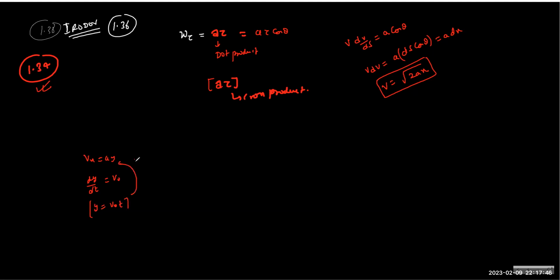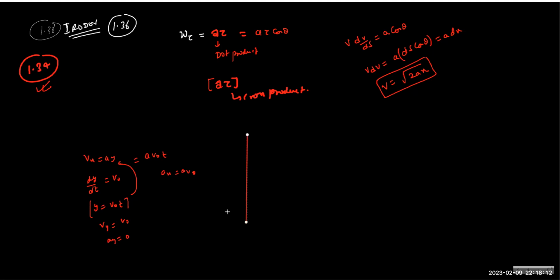You can substitute here, this is a V naught. Since the rate of ascension is constant, Vy is V naught and ay is 0. And ax is a V naught, right? So we have only the x component of acceleration. There is no y component, isn't it?